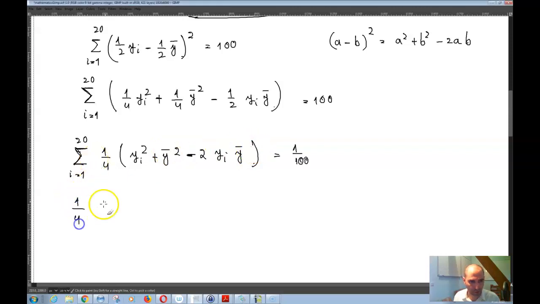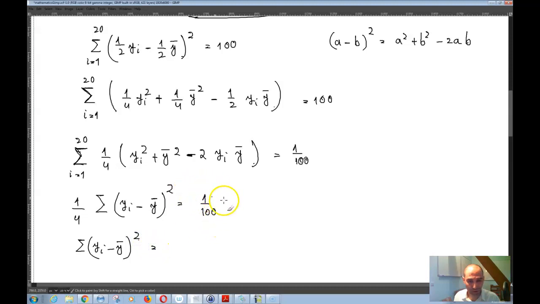So you can write this as 1/4 times sigma of y of i minus y bar whole squared is equal to 100, which means as i goes from 1 to 20, sigma of y of i minus y bar whole squared is equal to 100 divided by 1/4. Oh, sorry, this is just 100.